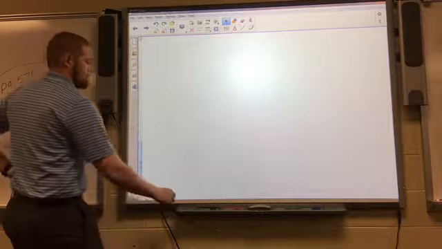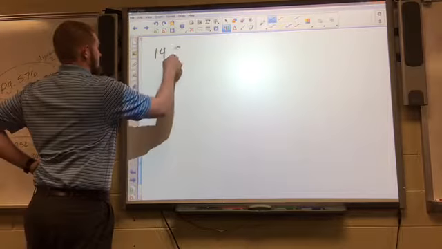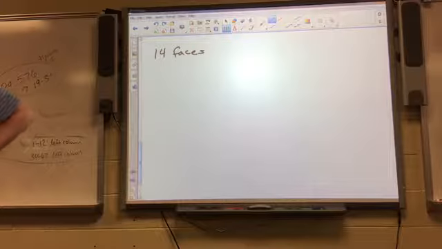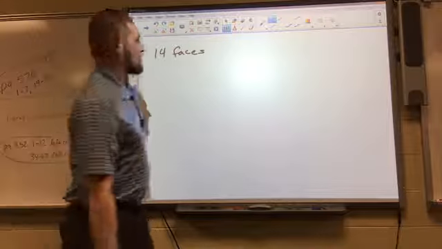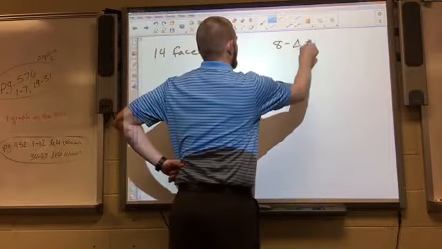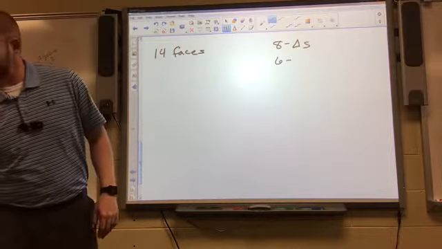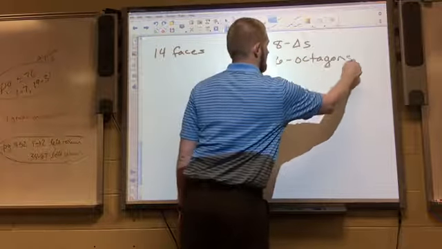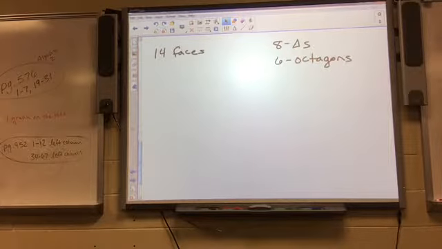Example 4 says that I have a solid with 14 faces. 8 of those faces are triangles, and 6 of them are octagons. Eight triangles, 6 octagons. I want to know how many vertices it has.